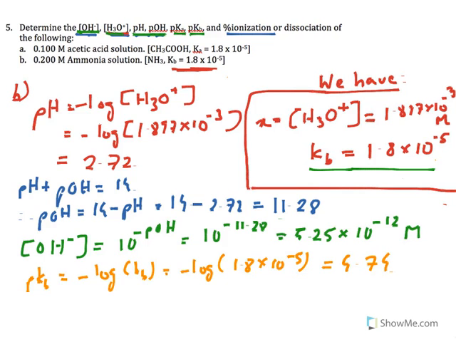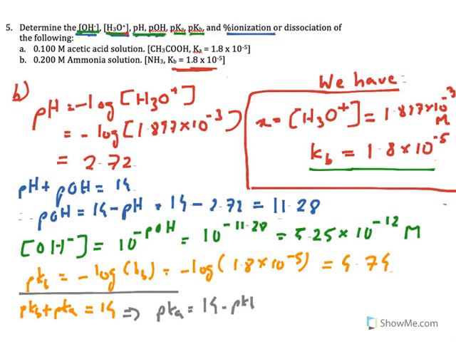Now we can use that to find our pKa, so pKb plus pKa are equal to 14. So pKa is going to be equal to 14 minus pKb, which is equal to 9.26.